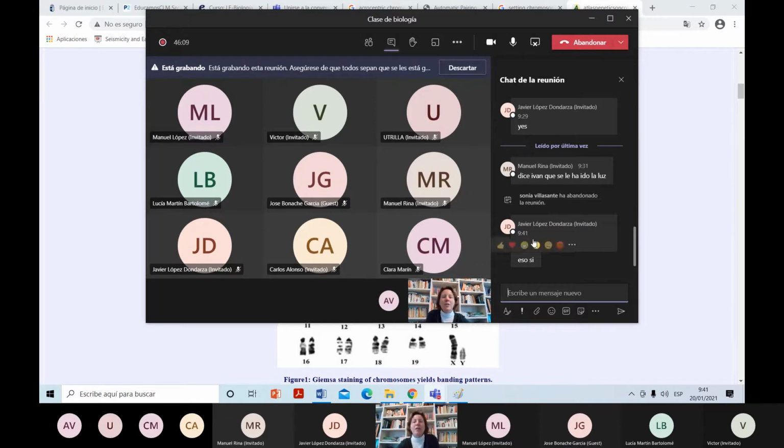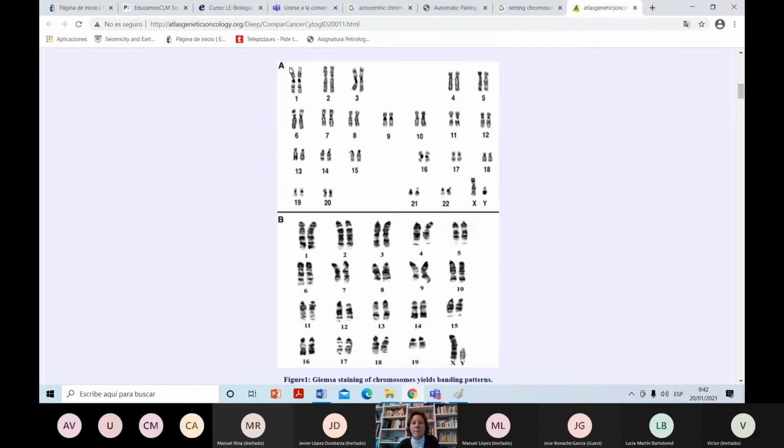Pero en las noticias a veces dicen, el presidente de España visitó a su homólogo francés, o el ministro de Sanidad se ha reunido con su homólogo alemán, ¿vale? Homologous means that they have exactly the same function. So homologous chromosomes mean that they are coding for the same character.